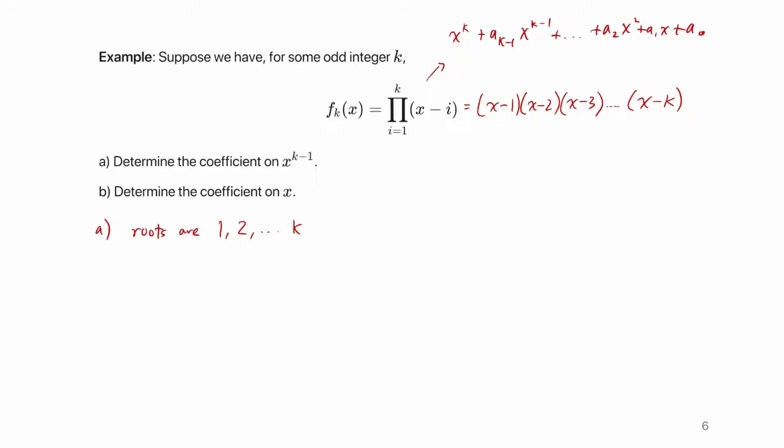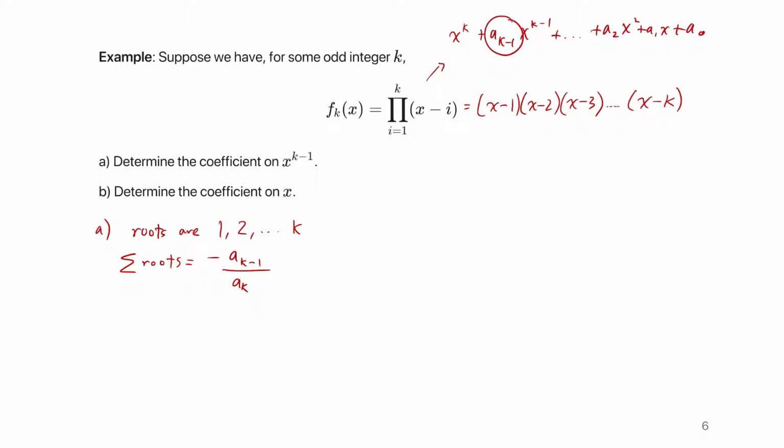Okay? And what we're looking for is this. And remember, the sum of the roots is always negative a sub k minus 1 over a sub k. Right? We just looked at that.